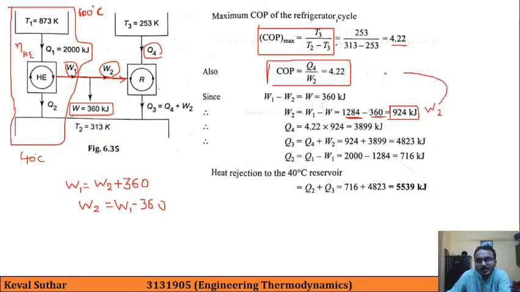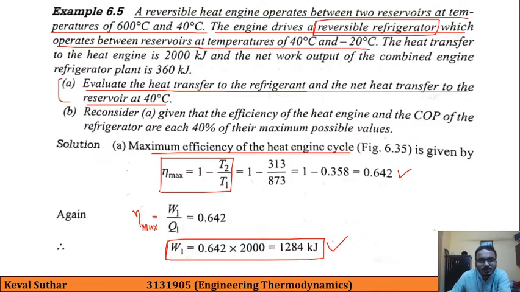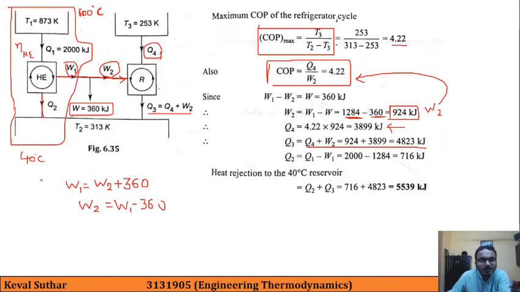and once we get this W2, we can utilize it in this calculation, so that we will obtain the value of Q4. And once we get the value of Q4, we can get the value of Q3, that is Q4 plus W2. So finally we are getting the value of Q3 here, and Q2 is based on our first cycle here, that Q1.